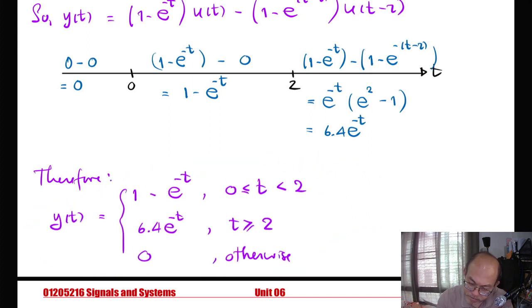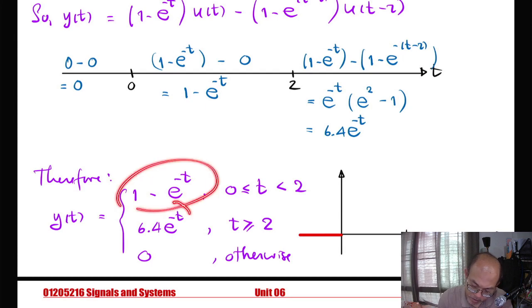Now let's draw something. Let's draw the graph of y. When time is less than 0, y is 0, right? And when time is from 0 to 2, the signal is 1 minus e to the minus t, so it is slowly climbing up.